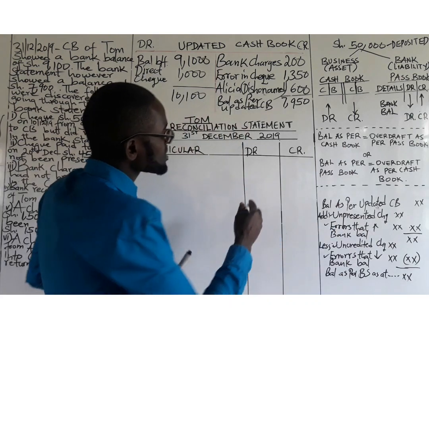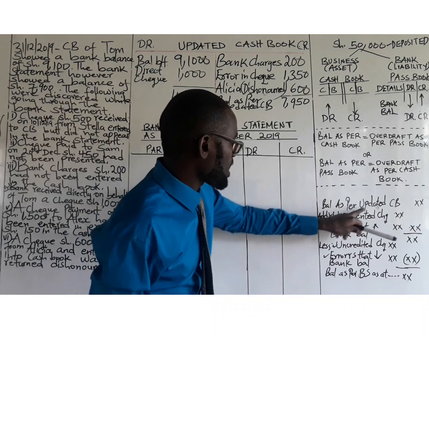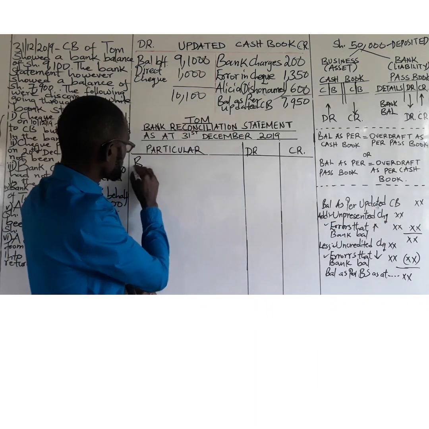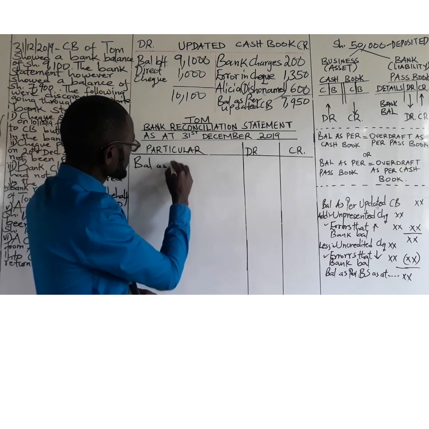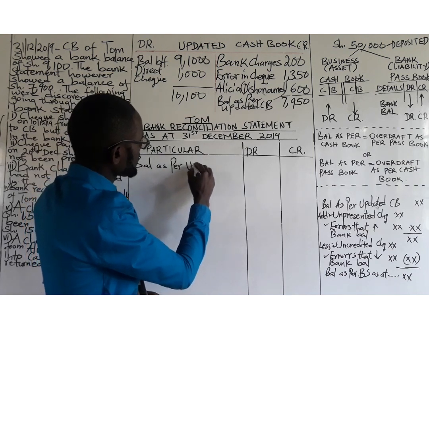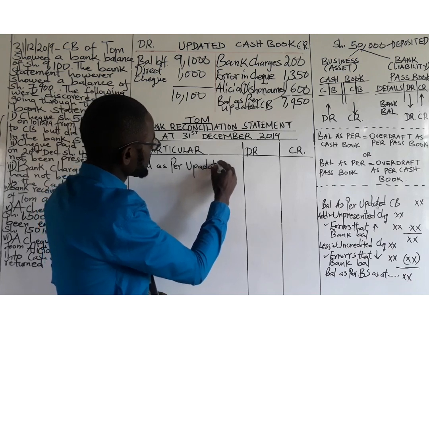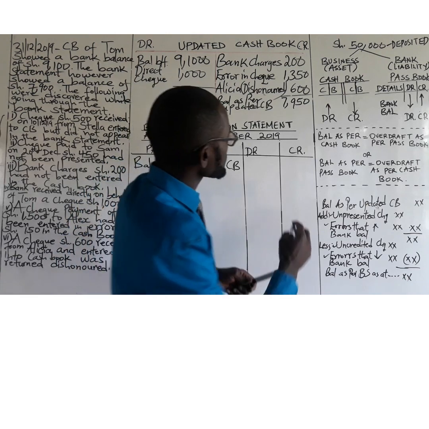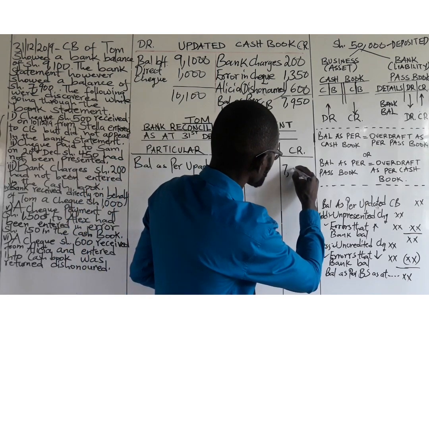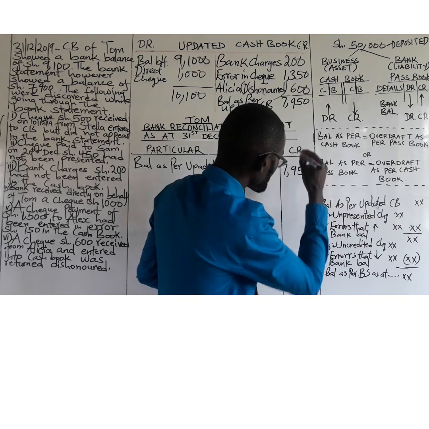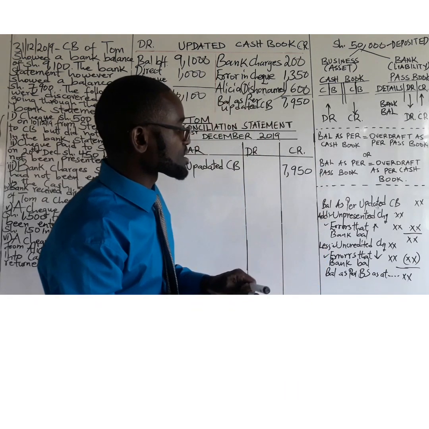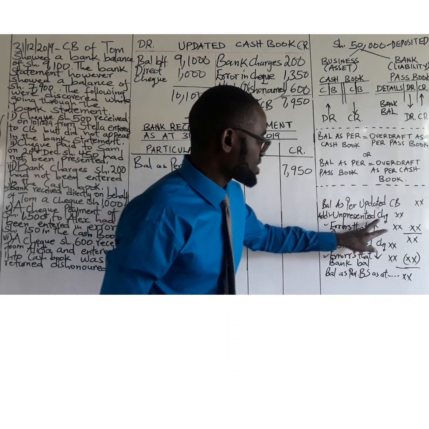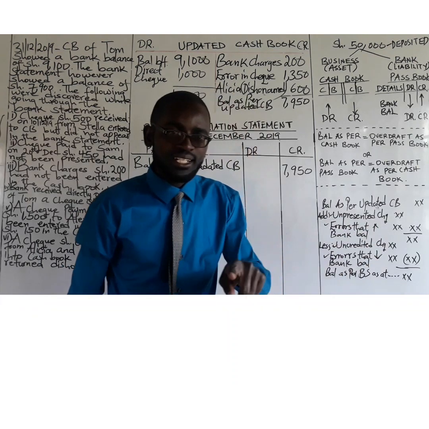So when we start with the balance as per updated cash book, we are going to see the formula. That is the balance as per updated cash book, which is a credit balance of 7,950. Then we are supposed to add unpresented checks. Now, what is an unpresented check?